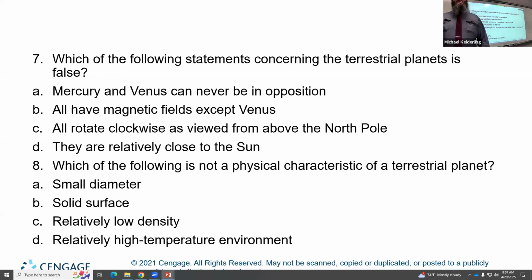Which of the following statements concerning the terrestrial planets is false?